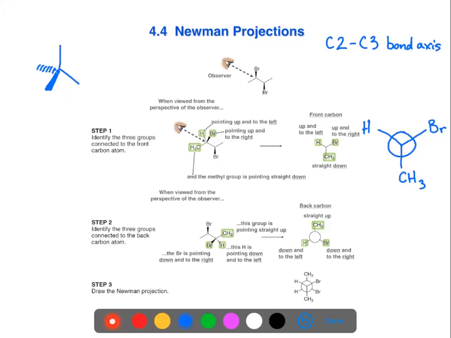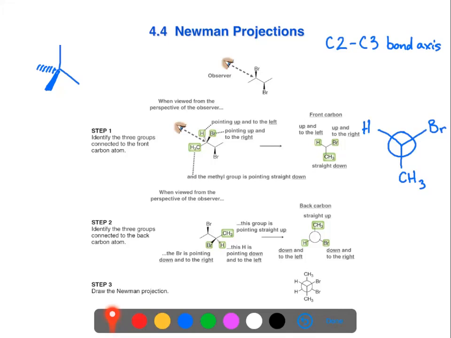So this is the first part of the Newman projection. We've drawn the three groups that are attached to that first carbon, carbon 2 of our molecule. We have a methyl group below, bromine coming towards you, which when you're looking from the angle shown, places the bromine on the right-hand side and the hydrogen on the left-hand side.